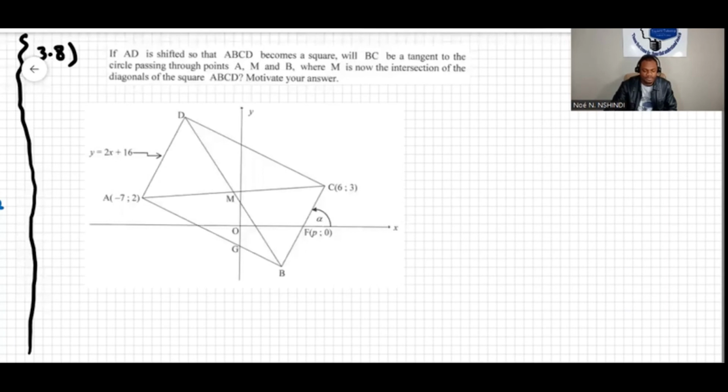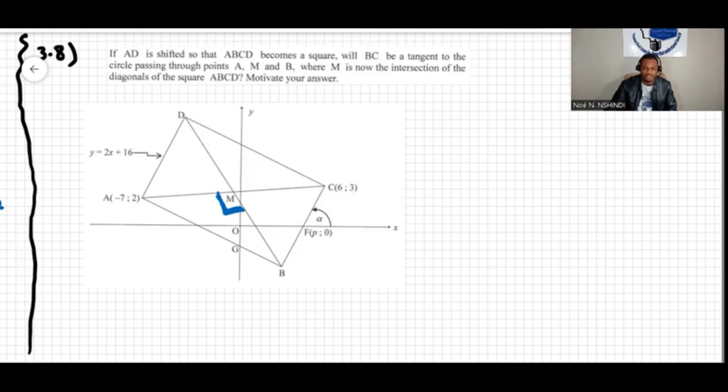Okay. So let's first draw the circle that passes through the points A, B, M. I just want to draw a rough sketch. But now let's first see this way. In this situation, the angle AMB here will be 90 degrees because we're talking about a square now.